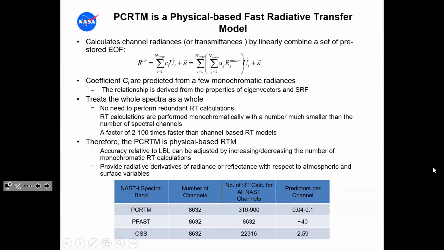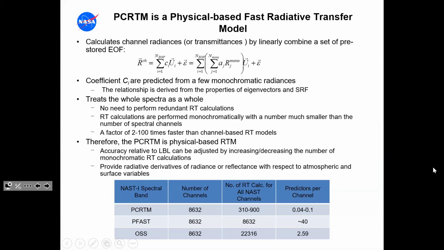So how does that work? Okay, so you have channel radiance for each spectral channel. For thousands of spectral channels, you can decompose that into different eigenvectors. Okay, you have a sample of data you can decompose into, like, 1,000 eigenvectors.